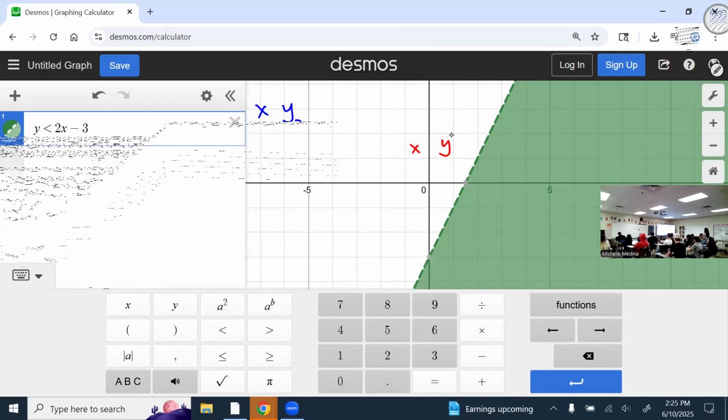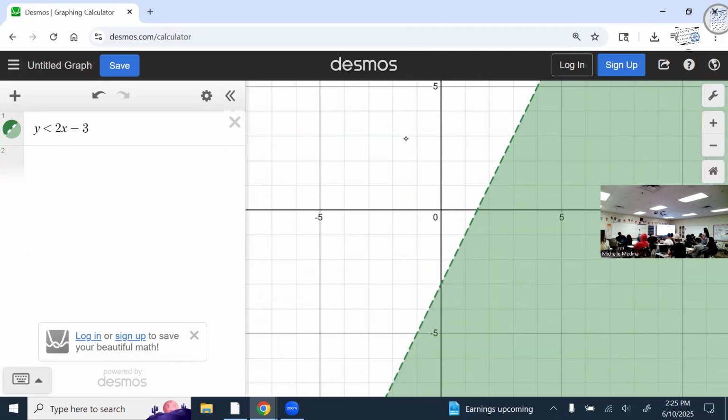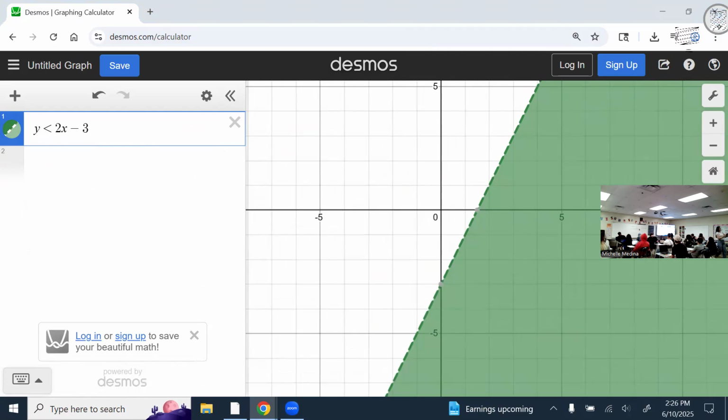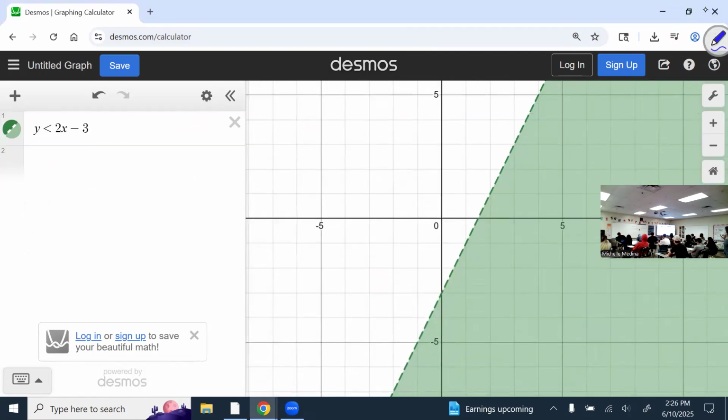Anyway, if I plug in that same point, 1.5 and 0, is 3 less than 3? No. So me taking away that equal to part makes it no longer make sense. So now anything that's on the dashed line is never a solution to the system.